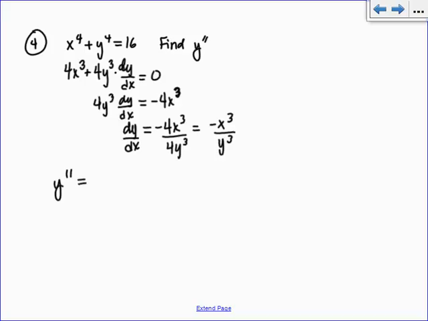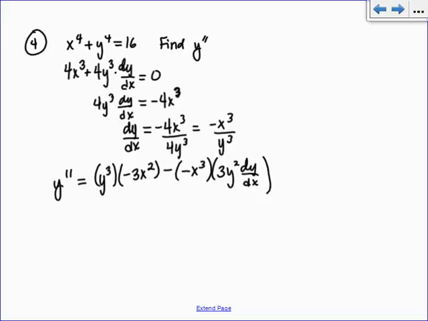Okay, so when I do low d high minus high d low, I have to do the dy over dx for the d low part, all over the square of what's below. So y cubed times negative 3x squared minus negative x cubed times 3y squared dy over dx, all over y cubed squared.